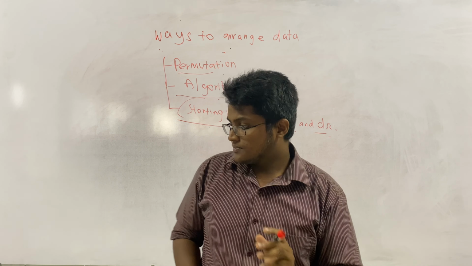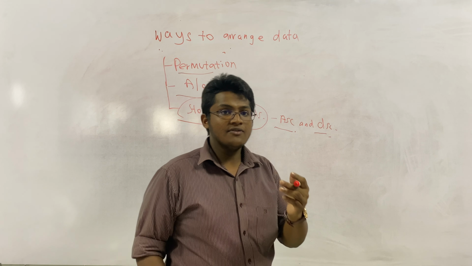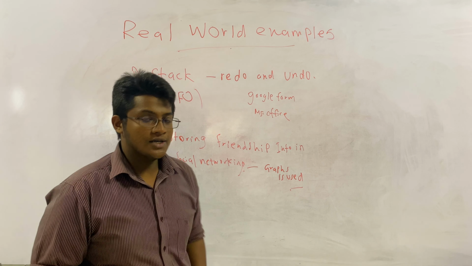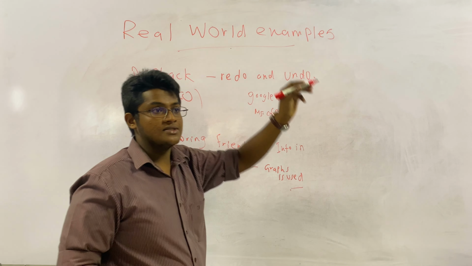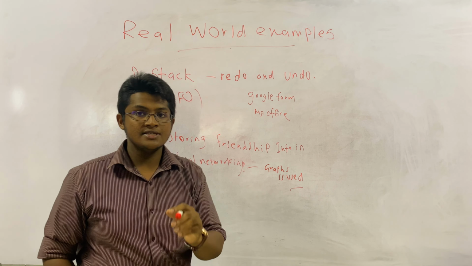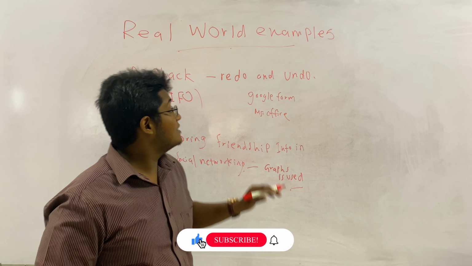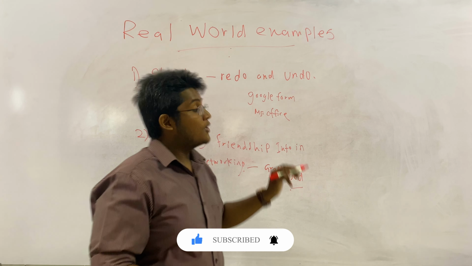So now I will tell you some real world examples. We will talk about the real world examples of data structures. Keep in mind, data structures is a very important subject, because so many real world examples in the IT field are based on this module.